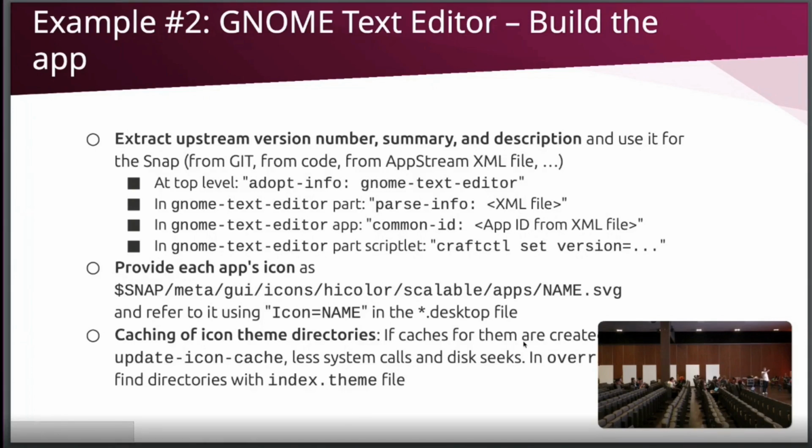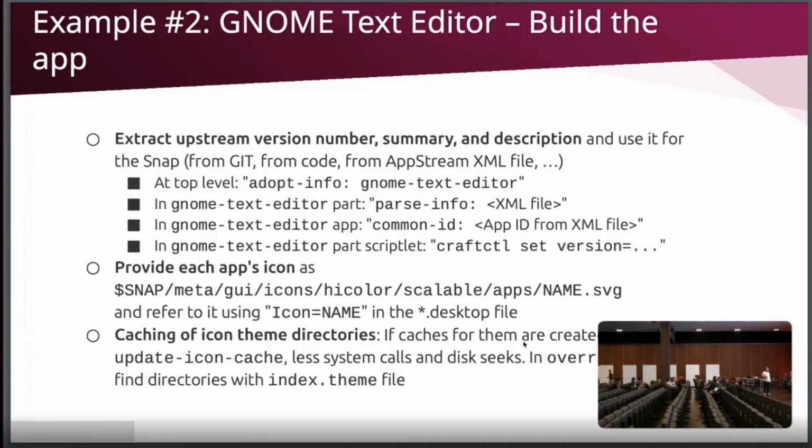And here we tell, with adopt-info in the metadata section, which of the parts provides the version number. We can even let other metadata be provided by the part, for example the description. So we say adopt-info gnome-text-editor, and all the missing metadata is provided by this part.